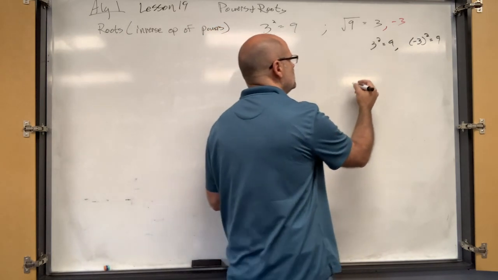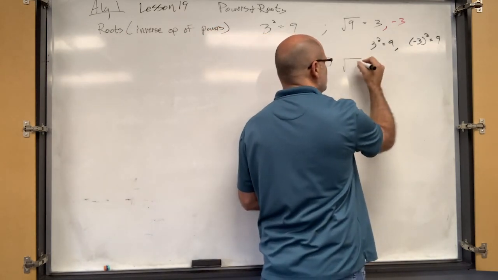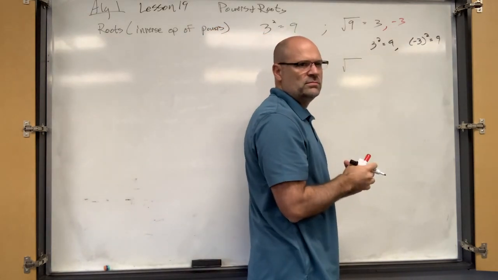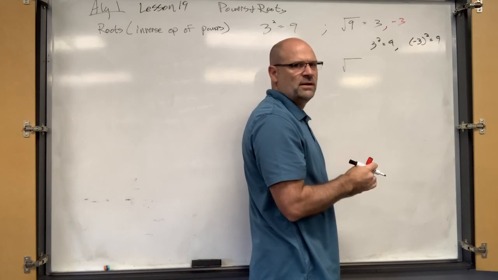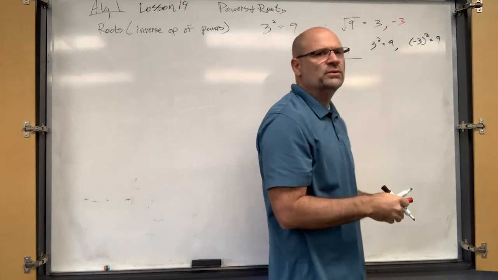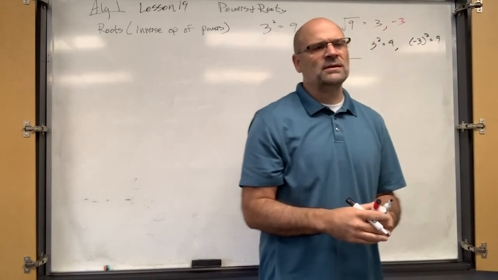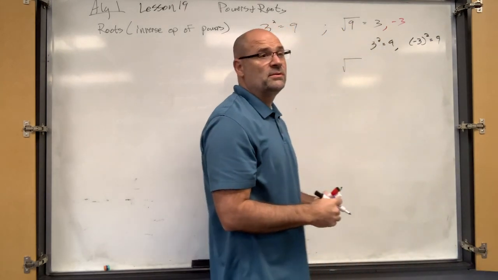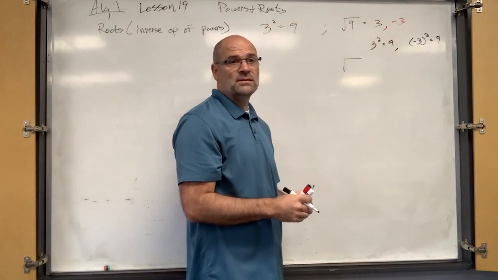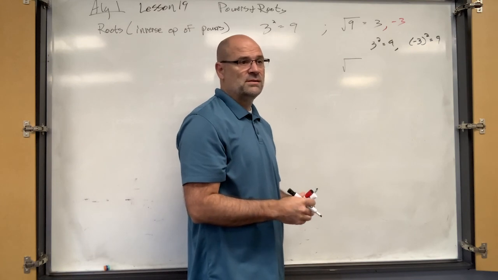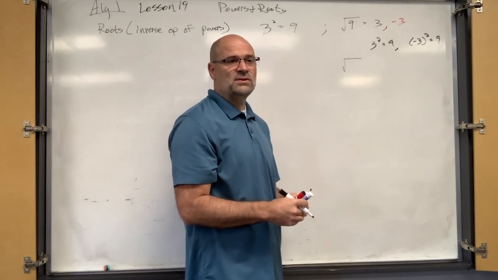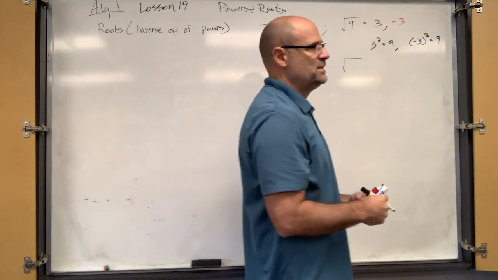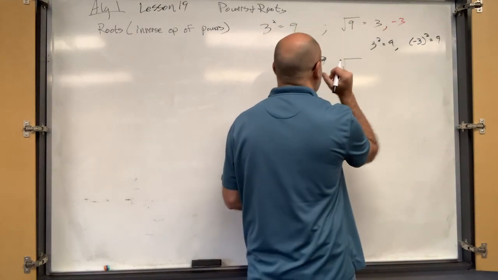Negative 3. There's only one cube root. Always. Just like there's only one 5th root. Only one 7th root. But there are a couple 4th roots, a couple 6th roots, right? There's always 2 even roots. And there's only one odd root.